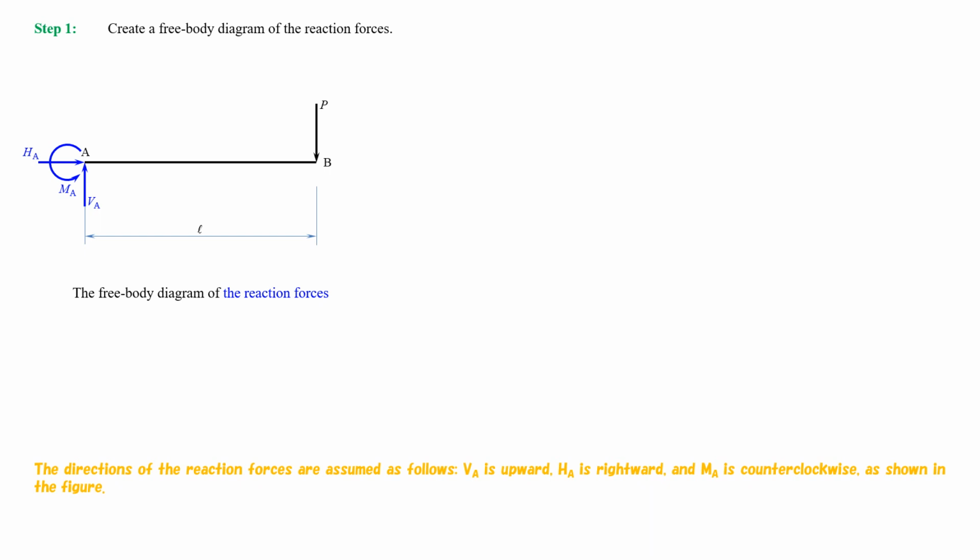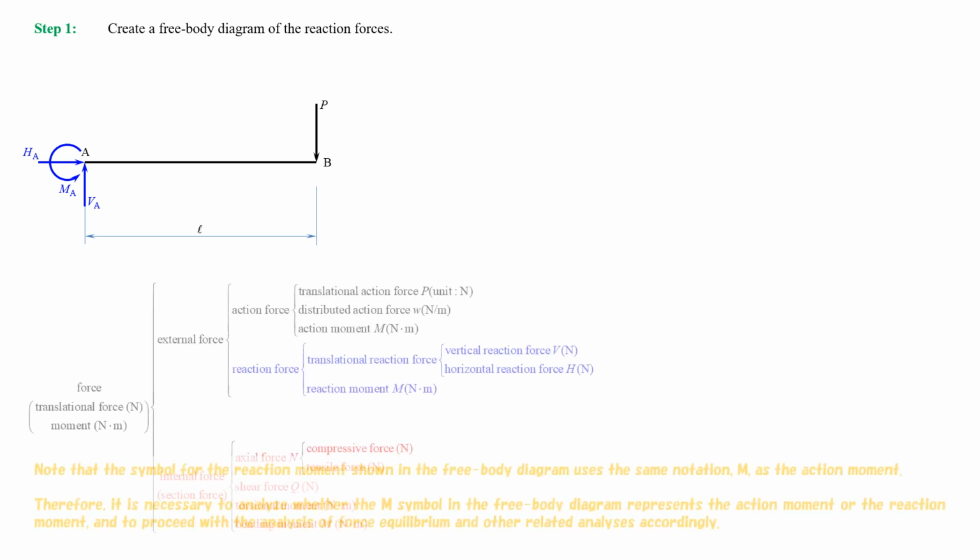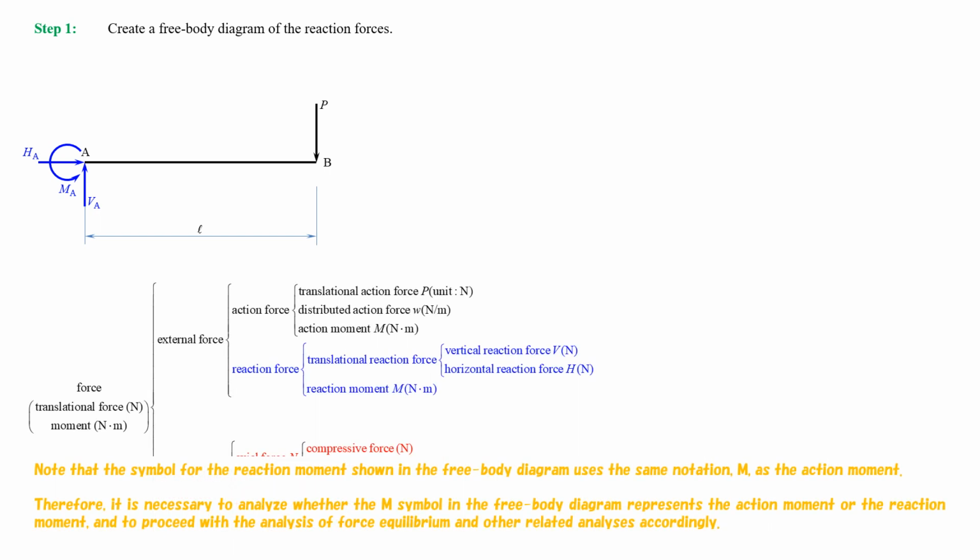The directions of the reaction forces are assumed as follows. VA is upward, HA is rightward, and MA is counterclockwise, as shown in the figure. Note that the symbol for the reaction moment, shown in the free body diagram, uses the same notation, M, as the action moment.